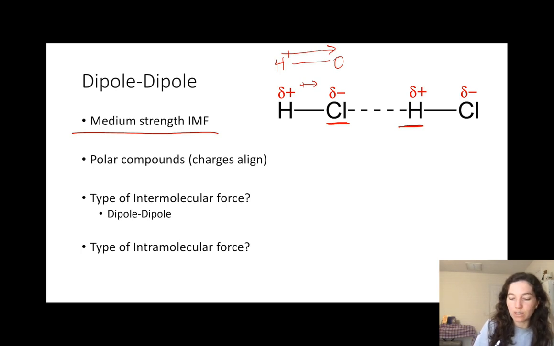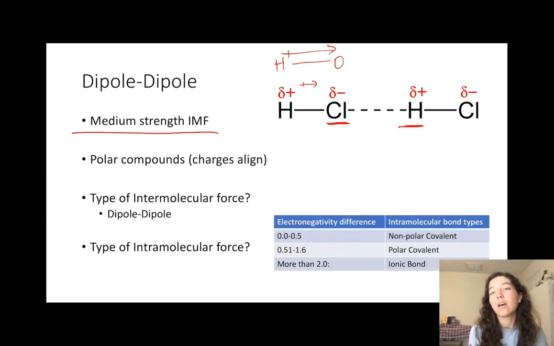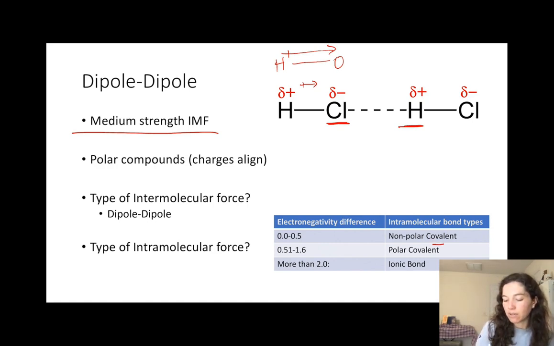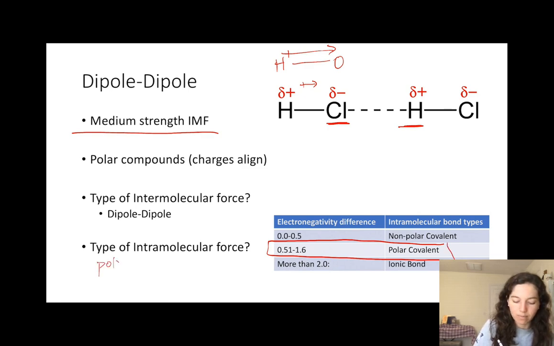Now I'm going to ask you to determine the type of intramolecular force that exists in this compound. You may need a Pauling scale, or you might be able to remember based on all of our examples that we've done. If you take a look at dipole-dipole, what you're going to find is the electronegativity difference here falls in this polar covalent range. Okay.